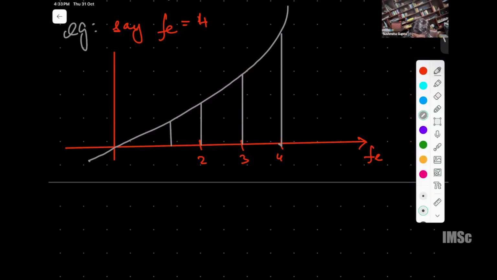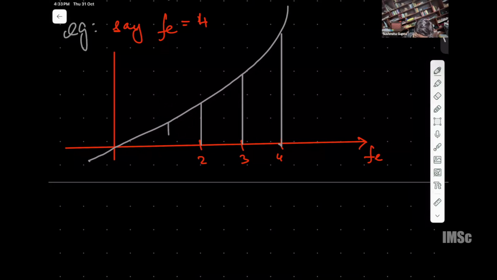They're supposed to be of equal width, but okay, I can't draw it. And this is the cost function.